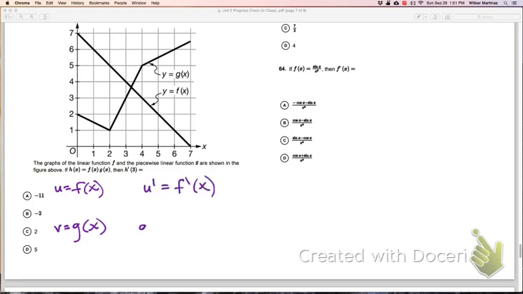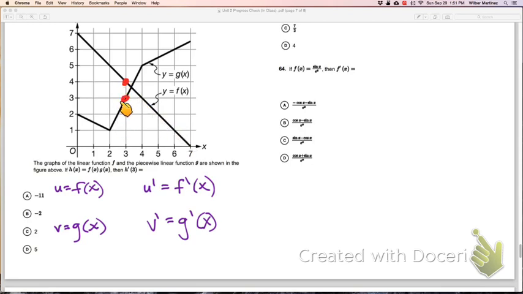If I want to evaluate right away at 3, f, which is this linear function right here, f of 3 is equal to 4, and g of 3 is equal to 3. So f of 3 is 4, g of 3 is 3.